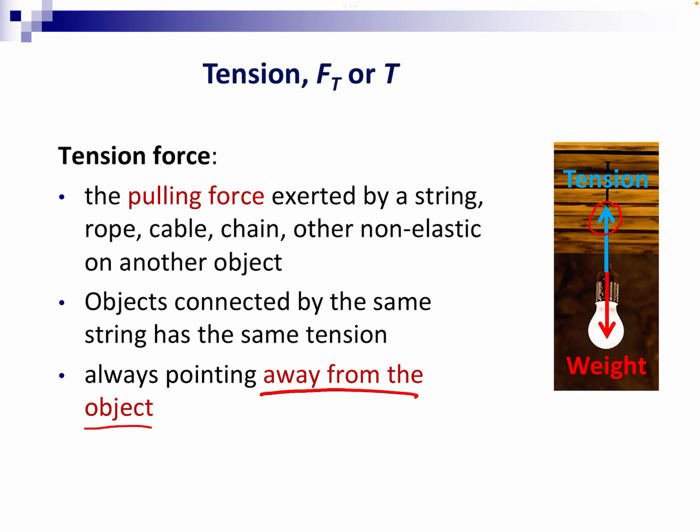Okay. Of course, the bulb has some mass, and as we've mentioned, any object that has mass will experience a weight force, and therefore you have this weight force that's directed downward as well. Okay, so for you to have tension force, the key here is that whatever is pulling on the object should be non-elastic, right? Or it's not easily stretchable.